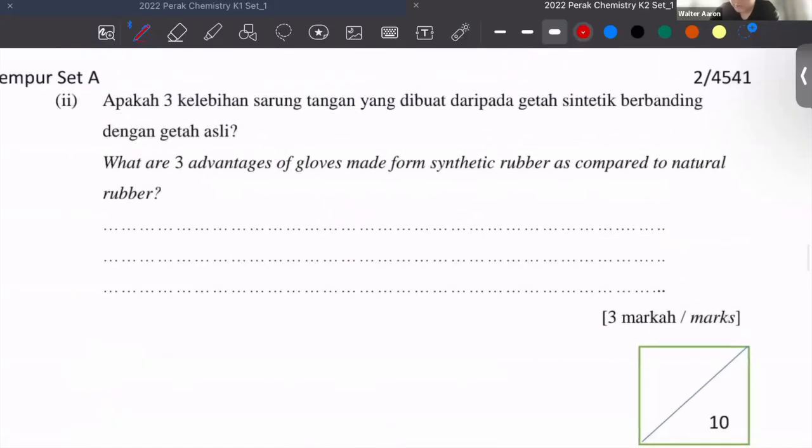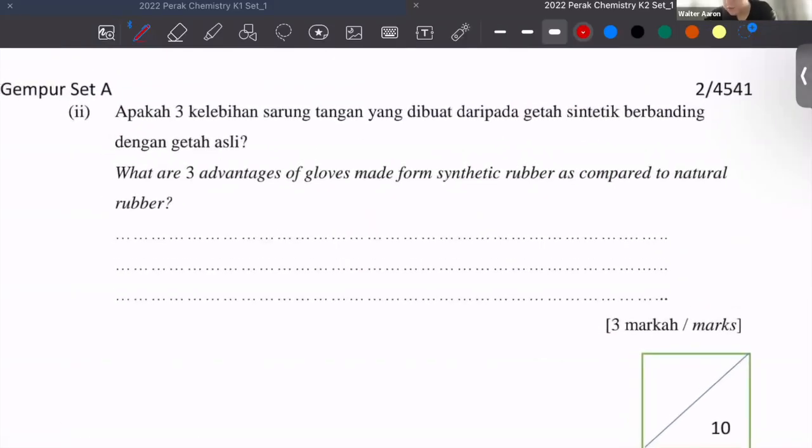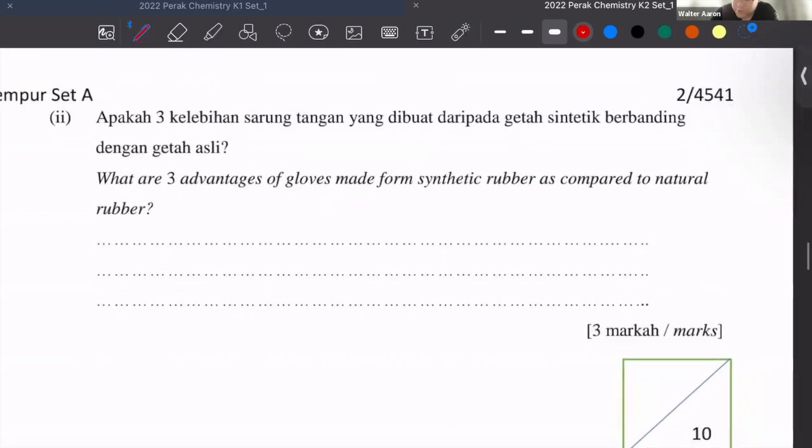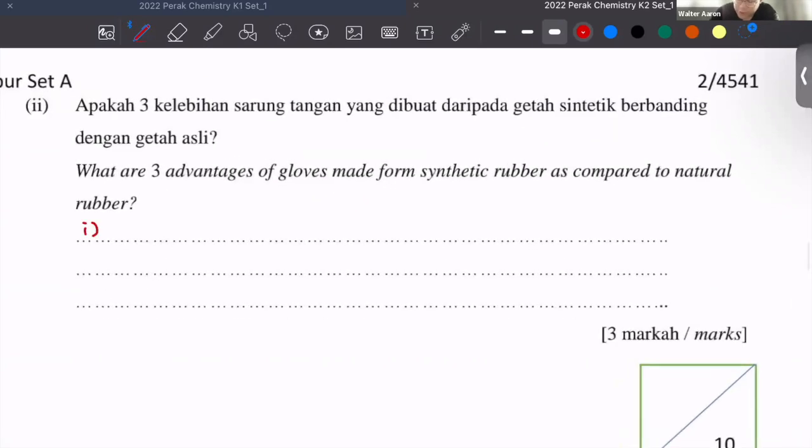Okay, so what are the advantages of gloves made from synthetic rubber as compared to natural rubber? I think you can just list down very simple ones. For example, the first one will be oil or grease resistant. And then we have, I think, more durable or more elastic.